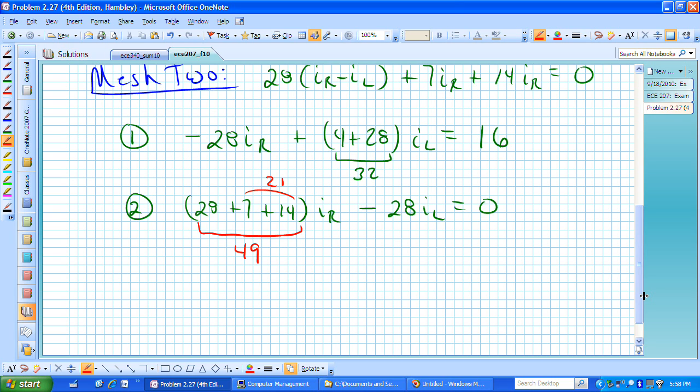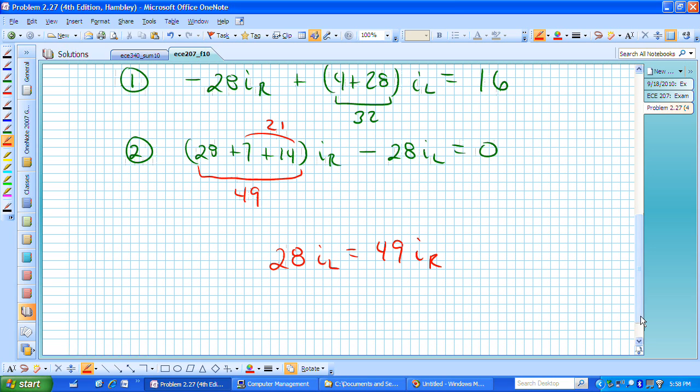If, for example, I solve for I sub L in terms of I sub R in the second equation, I then have 28 I sub L is equal to 49 I sub R. And now I can see these are multiples of 7.